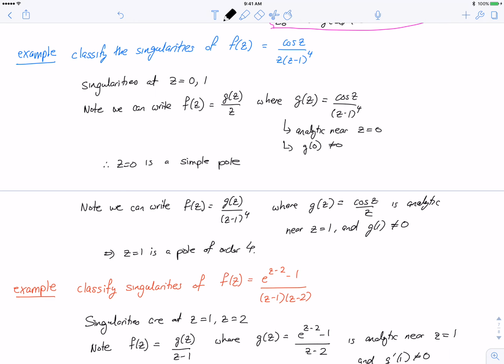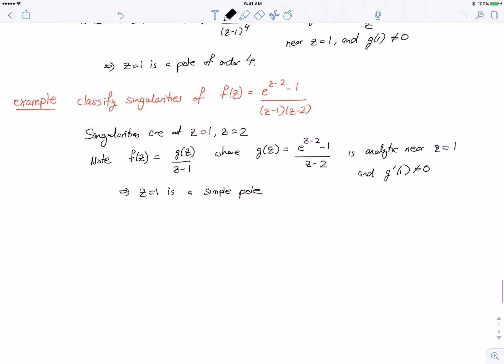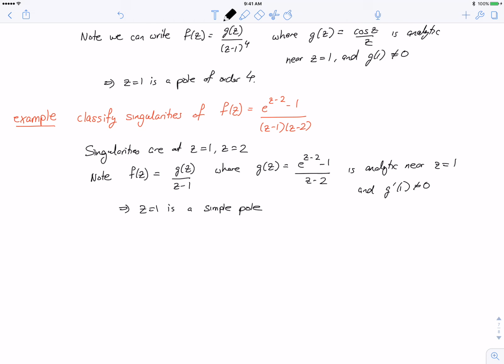So for example, I have z minus 1 to the power of 4, because 1 is a factor of the denominator 4 times, therefore I have a pole of order 4. Or because z equals 0 was a factor of order 1 on the denominator, z equals 0 was a simple pole. And in this case here, I noticed the same thing. z equals 1 was a factor of order 1 on the denominator, so therefore it's a simple pole.